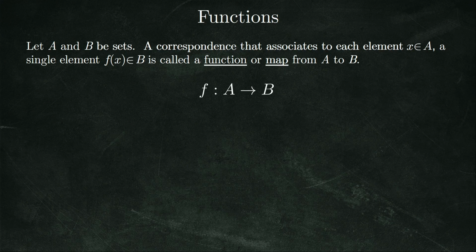This value f of x we call the value of f at x. The set A, the set we're mapping from, is called the domain of the function f. And the set B, the set we map to, is called the codomain, or the range.